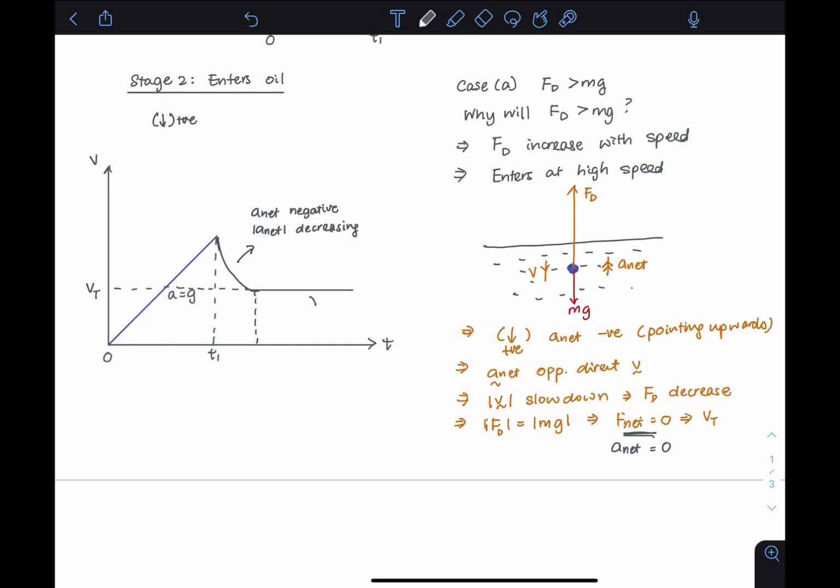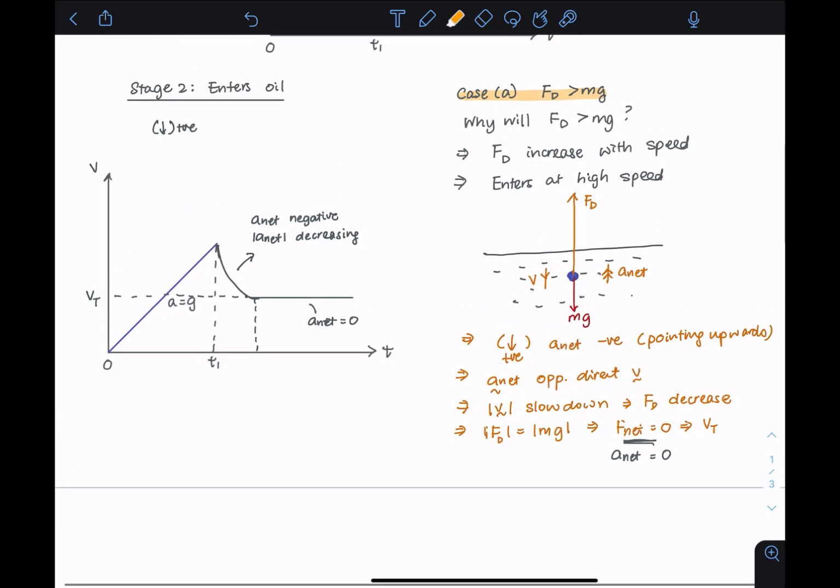This is the part where the net force equals 0, so the acceleration is 0 and the gradient is 0. So this is for case A, where my drag force, when it enters the oil, is bigger than the weight.